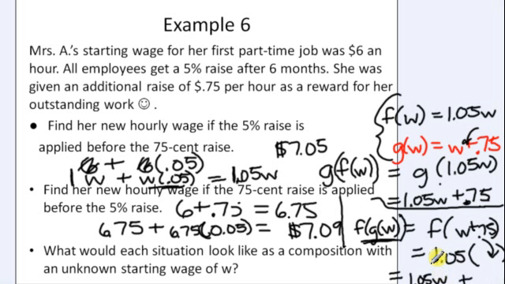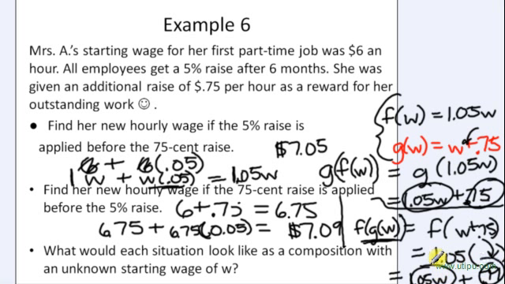And 1.05 times 75 cents is about 0.79. So you can see in both of these we have the 1.05W is the same, but then there's always a difference of 4 cents between the 75 cents and the 79 cents.